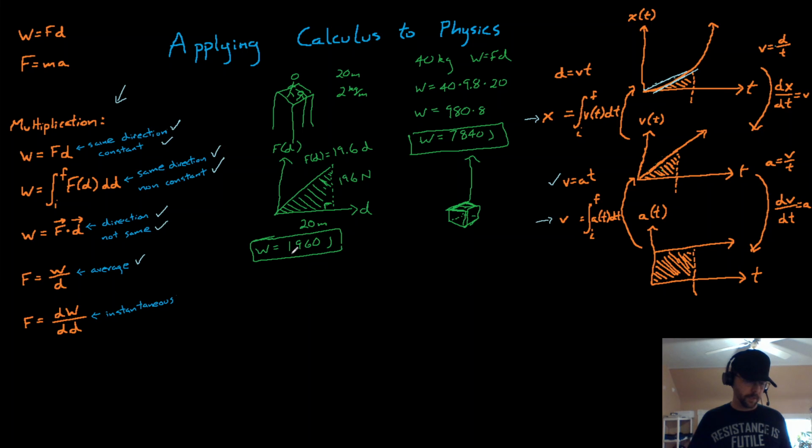I think I made, this is 19.6. You know what, that was supposed to be 392. I got 196 here. How did I get that? Force equals mass times acceleration. The mass is 2 times 20, 40. 40 times 9.8.